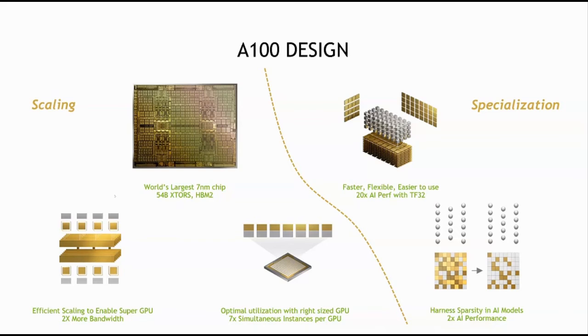On the left side, what you see is the scaling part. That means how do I scale the GPU for doing more multi-GPU training? And that's why we have this high-speed interconnect called NVLink. We have introduced the third generation of NVLink, which gives you 600 gigabytes per second of bidirectional communication between the GPUs that you have.